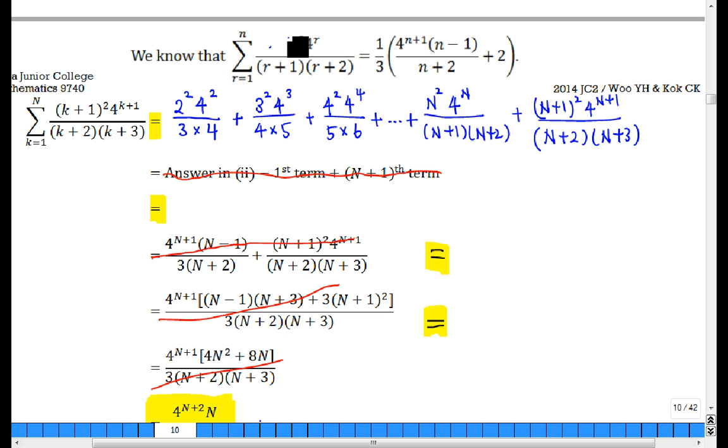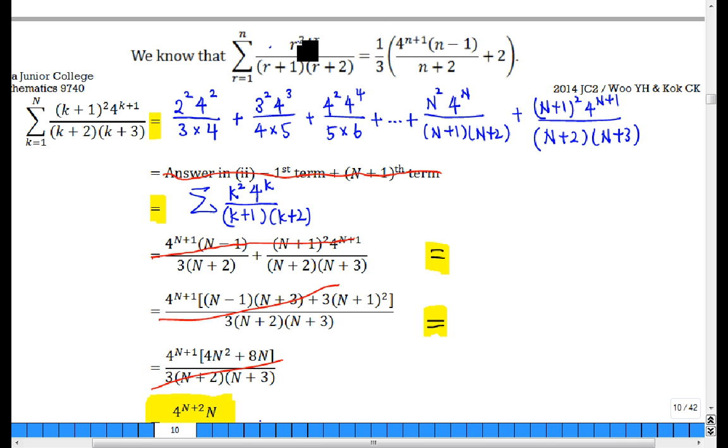I now can express this whole list of terms in a summation sign with this expression: k squared times 4k over (k plus 1)(k plus 2). I can cast this thing in this form.